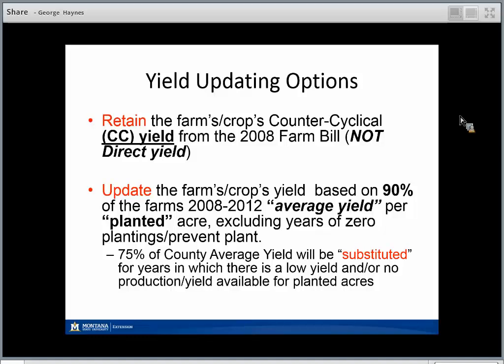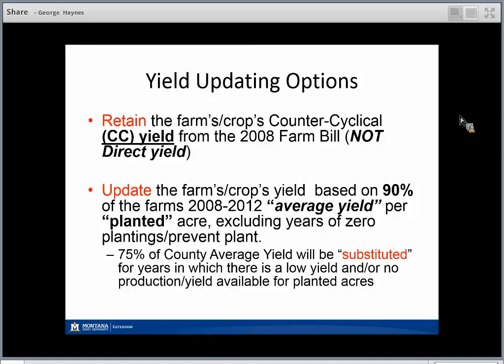For younger farmers, it's important that they have some other things to depend on here as well. In years that you have relatively low yields, you have the opportunity of substituting 75% of the county yield in that slot. So that helps out a lot of people in terms of having planted and having to take something very close to zero, which is going to, of course, have a huge impact on your average, since you're only averaging across a short period of time.